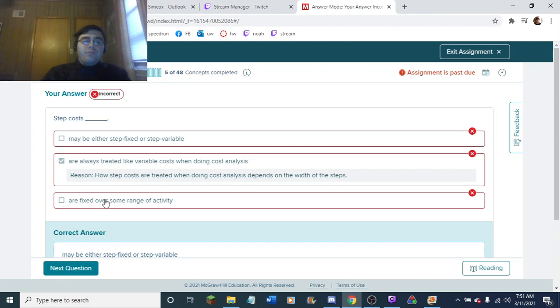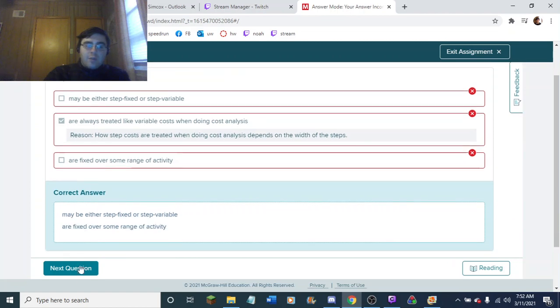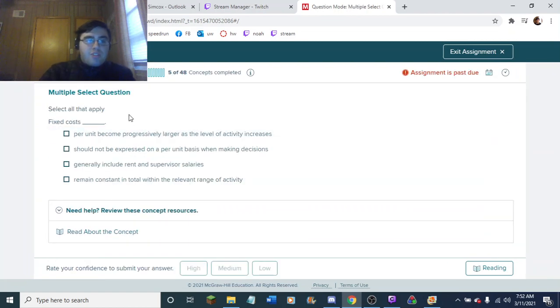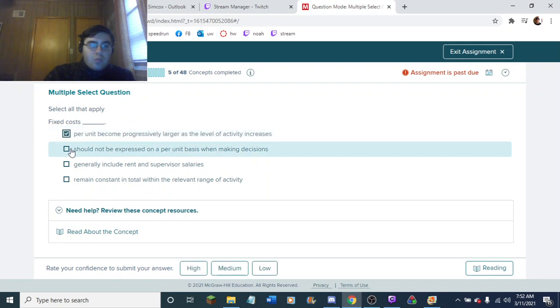Okay. So step costs can be either step fixed or step variable, and are fixed over some range of activity. Wait, that's so obvious. They are not always treated like variable costs. It depends. So this and this are correct. Fixed costs per unit.